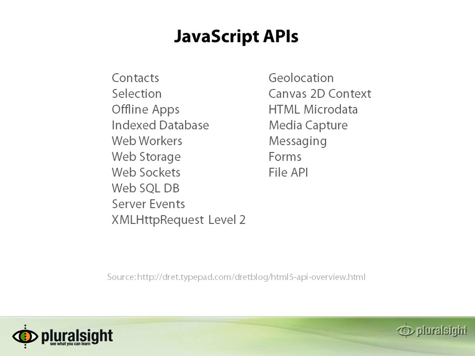XML HTTP request level 2, or again, our good friend Ajax. There's a lot of good to be found within the Ajax APIs currently found within the browsers. But there's one main difficulty that exists, and that is the whole idea of not being able to do cross-domain requests. Now, these rules are put up for good reason. If you have a page that's requested from server A, you don't really want to be able to post information to server B, or else you could expose a pretty huge security hole in your page.